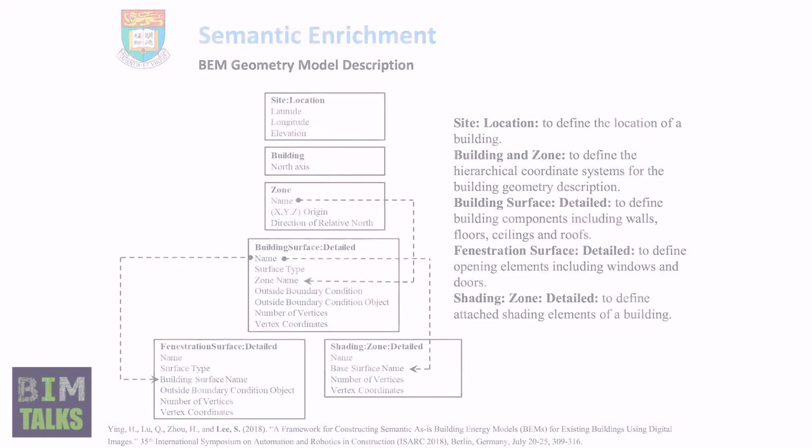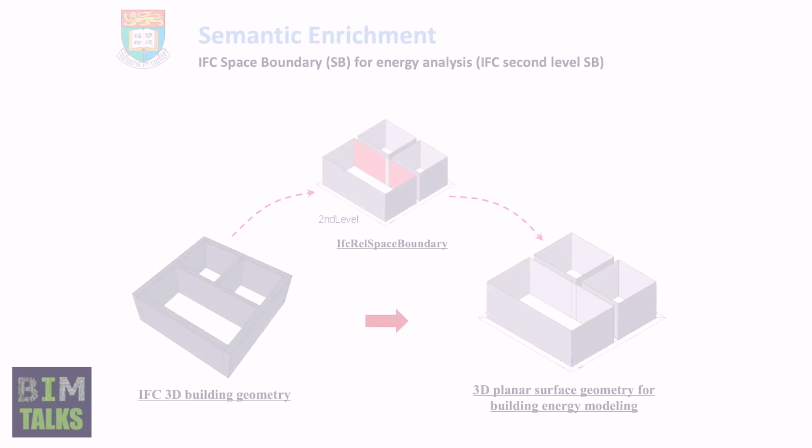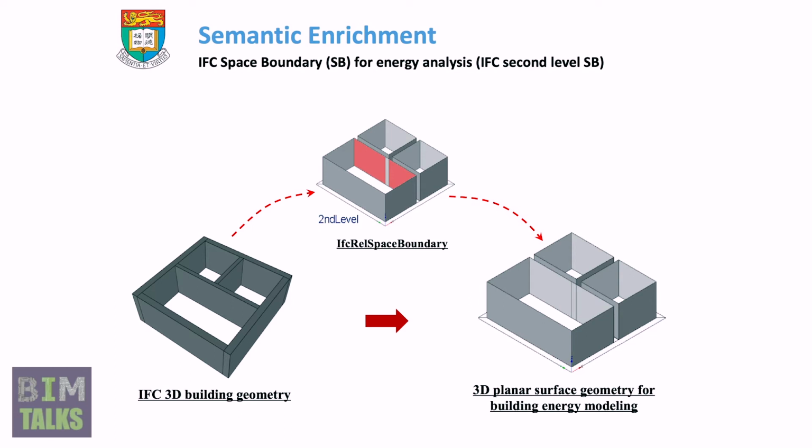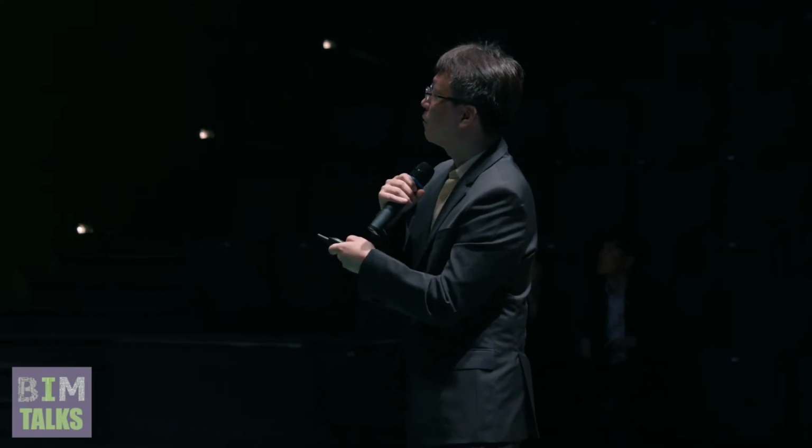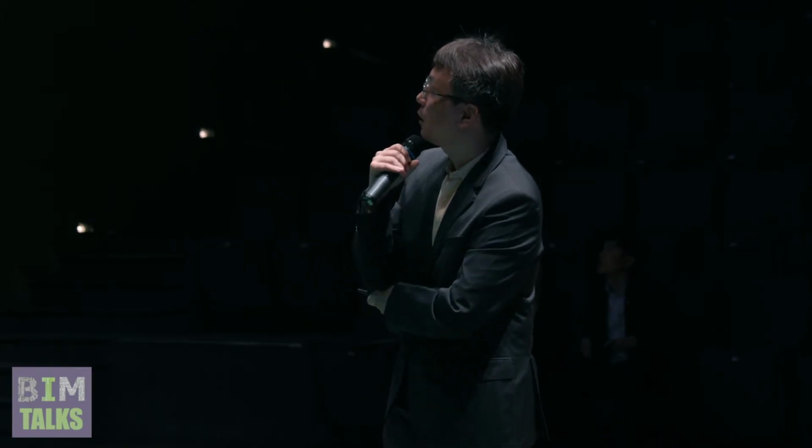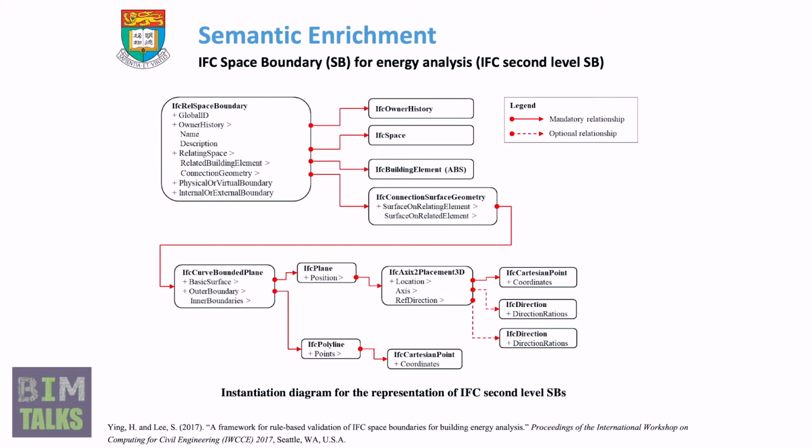And we need to combine these, map this to the IFC model so that we can convert the IFC 3D geometry model to an energy model. And we need to make sure that we have secondary space boundary models in order to use EnergyPlus or some other energy simulation tools.